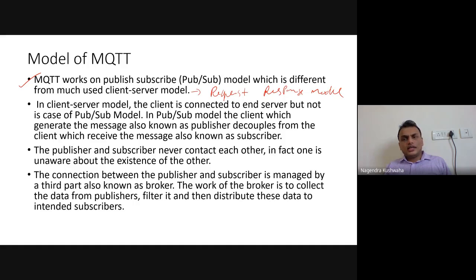As I told you, in the publish subscribe model, a client generates a message, and the client who generates the message is known as the publisher. So I'll write over here: publisher, who generates the message.